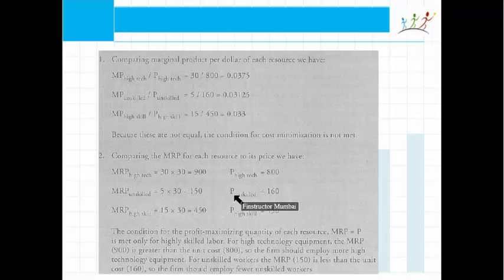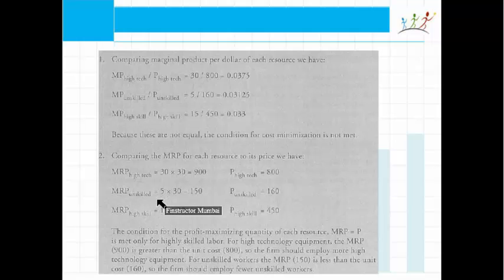Each unskilled labor is costing $160 and giving me 5 products, which can be sold for $30, meaning I can earn $150. For high skilled labors, I get 15 units, that is $450 of revenue for a cost of $450. So high skilled labor is optimally utilized. The unskilled labor is suboptimally utilized at the moment.